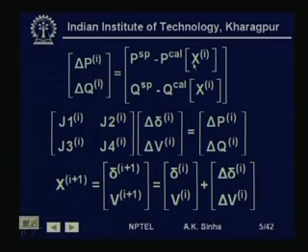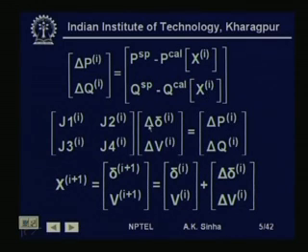These state variables, as we have already discussed, are the voltage phase angles and the magnitudes at all the buses. Similarly, delta Q at ith iteration, that is the change in Q, is equal to Q specified value minus Q calculated value, which is a function of the state variables.